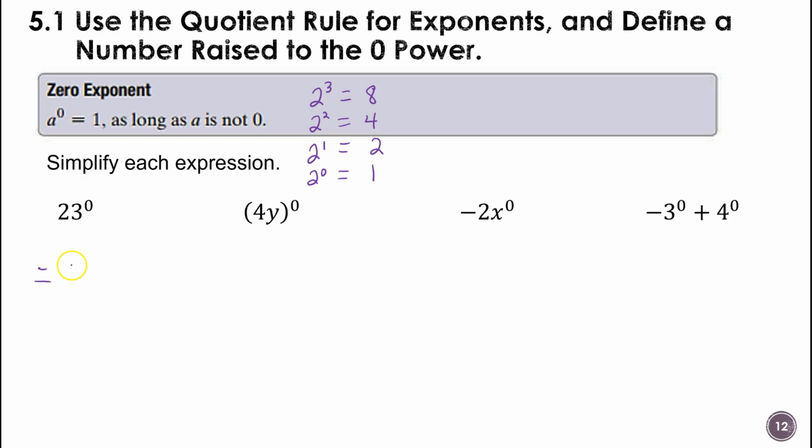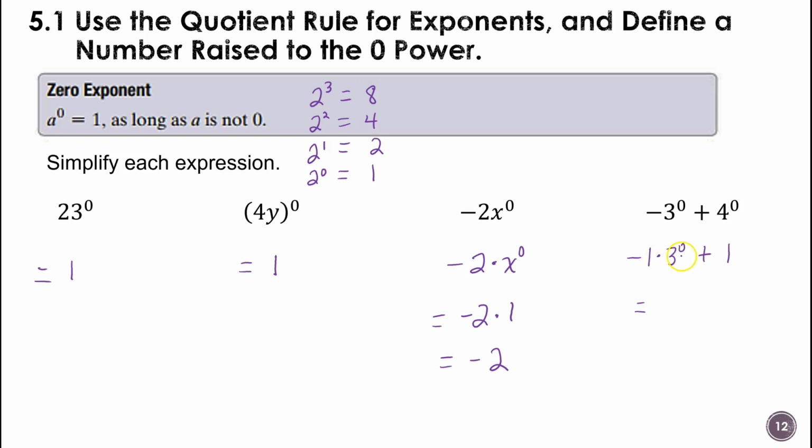So 23 to the 0 is 1. 4y to the 0 is 1. This is negative 2 times x to the 0, so that's negative 2 times 1, which leaves me with negative 2. This one is negative 1 times 3 to the 0, plus 4 to the 0, which is 1.